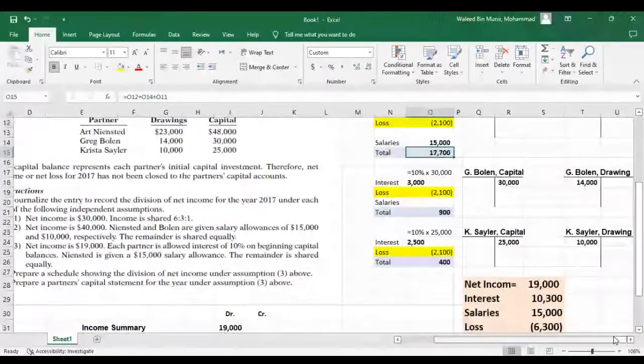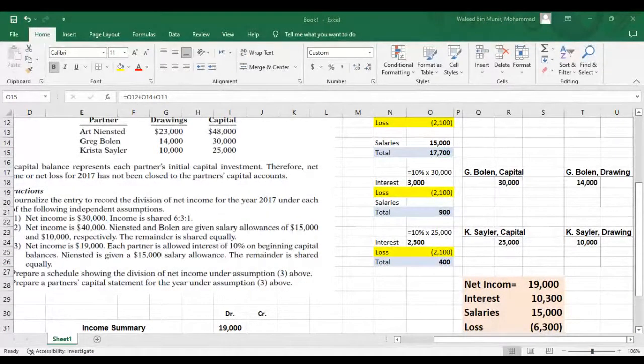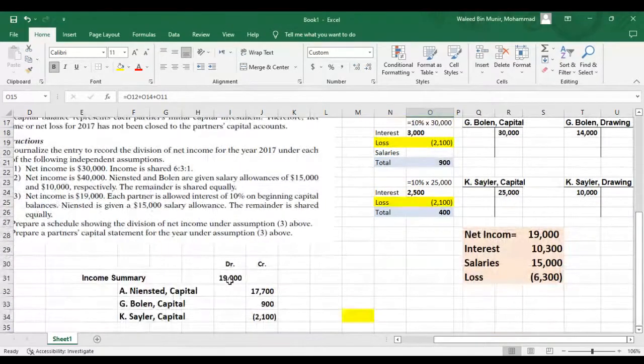Now, what will be the entries? Remember, entries will be the same. What will be debit? What will be credit? Income summary for how much? Here, it is the same 19,000. 19,000 is debit, doctor.